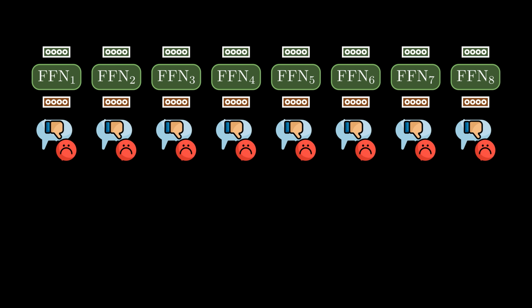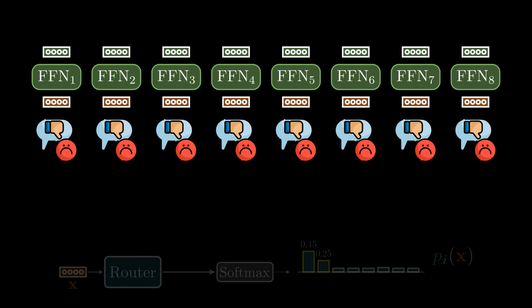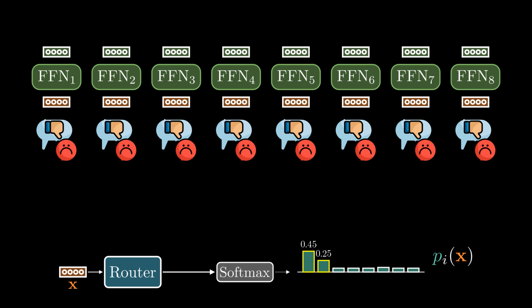But how do we actually train these experts? At the start of the training, all the weights in these feedforward networks are initialized randomly. This means that all these expert networks are equally bad. Now suppose the router assigned the first few tokens to the first two experts.